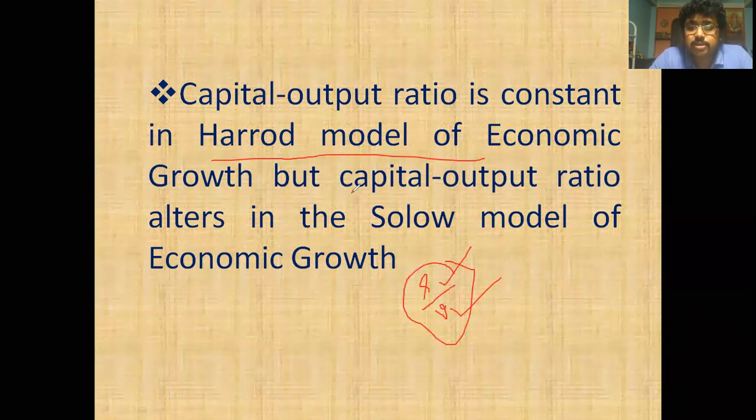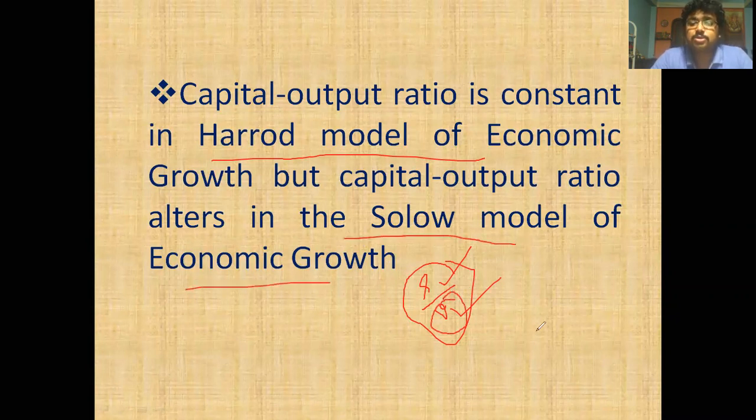But this capital output ratio is not constant; it alters in the Solow model of economic growth. This is the basic difference, and the capital output ratio alters in a certain way.